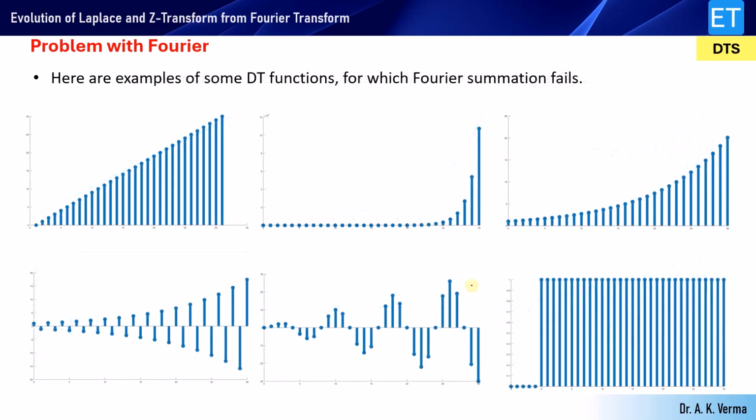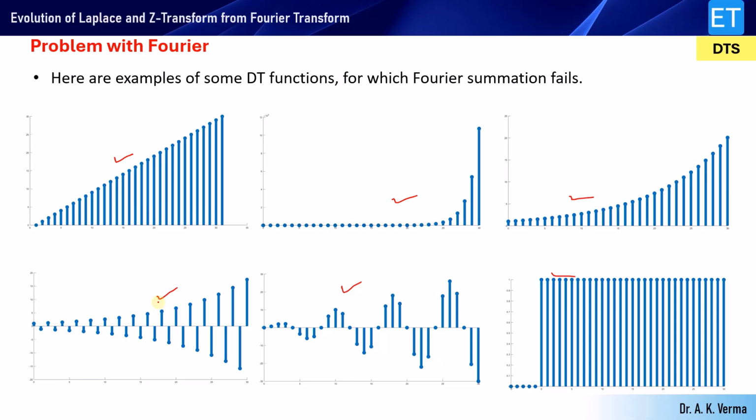And here are some discrete signals for which the Fourier transform formula fails. This is exponentially increasing. This is sinusoidal and exponentially increasing, and this is the constant function. This is also an exponentially increasing function with time.